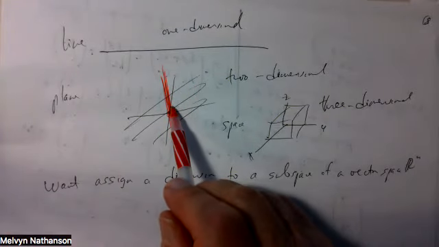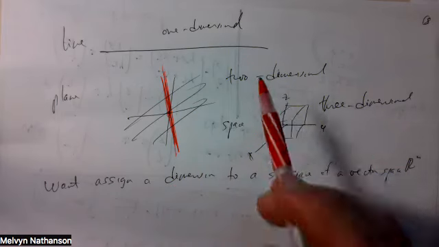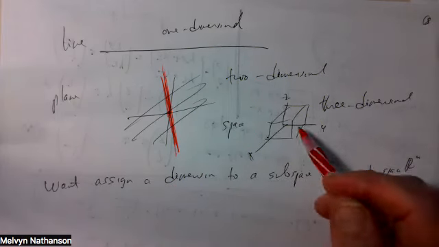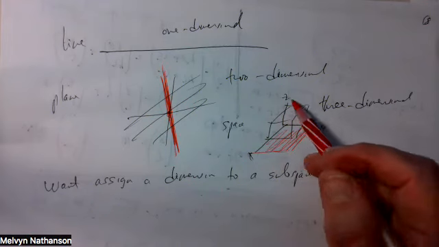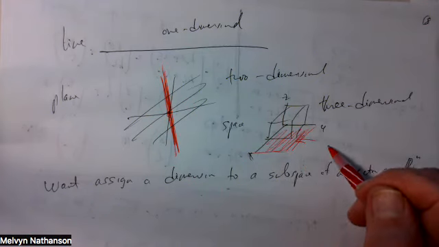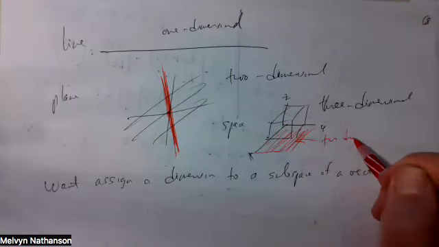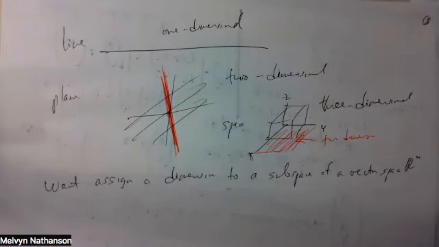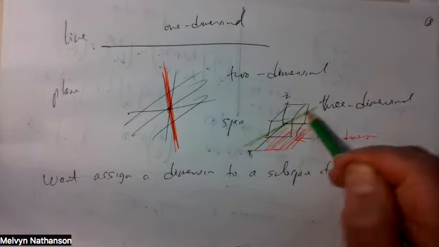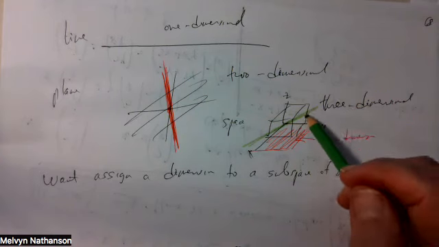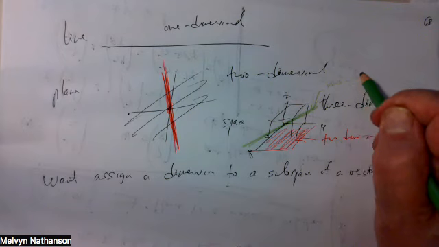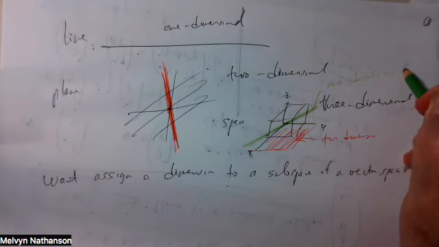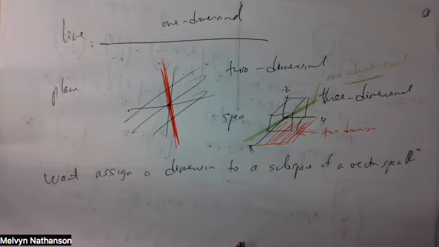We would think of this as a one-dimensional subspace sitting inside this two-dimensional space. Or in three space, if we just looked, for example, at the xy plane inside of this three space, we would think of this as a two-dimensional subspace. Or if we took some line going through the origin in three-dimensional space, we would think of the line as being a one-dimensional space sitting inside a three-dimensional space.